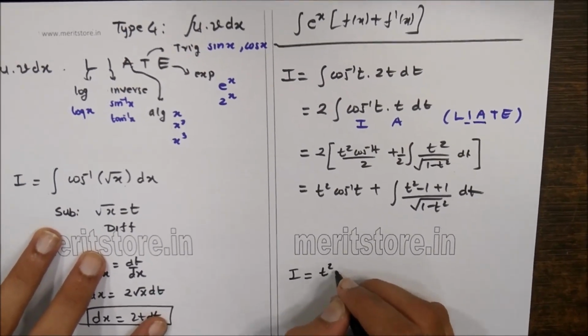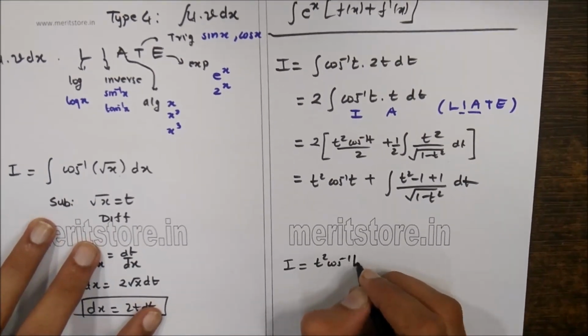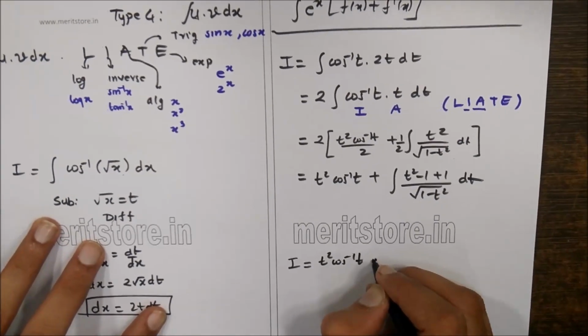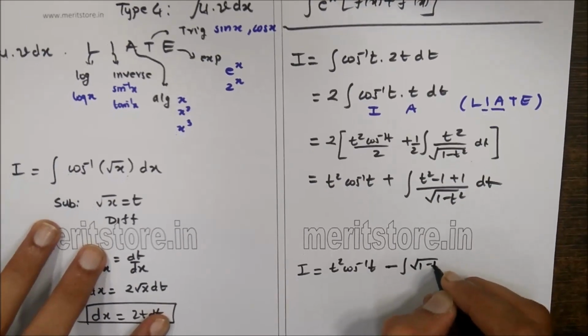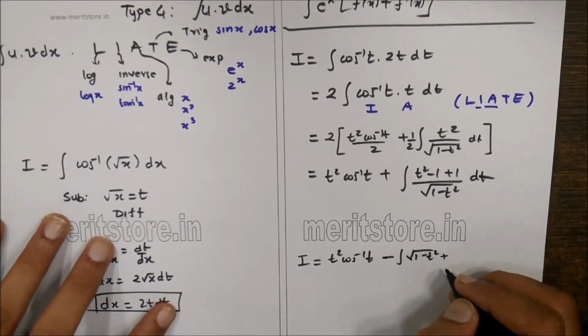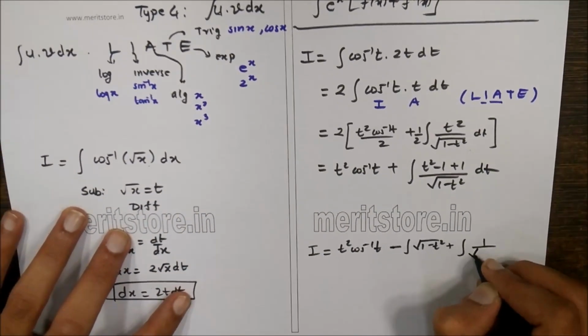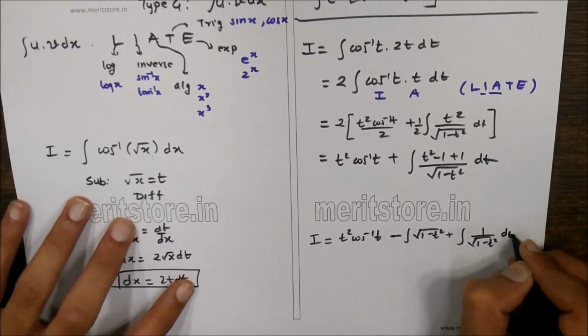t square cos inverse t minus integral of root of 1 minus t square plus integral of 1 upon root of 1 minus t square dt.